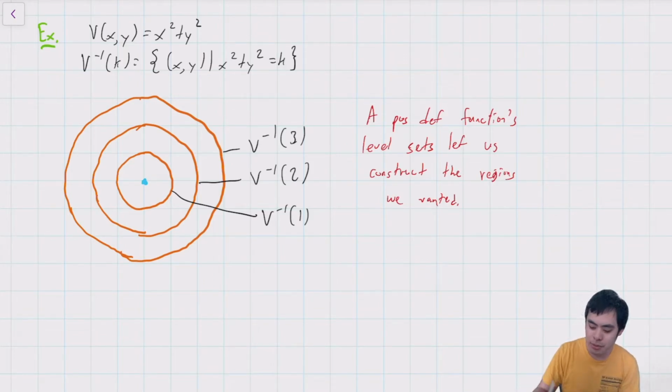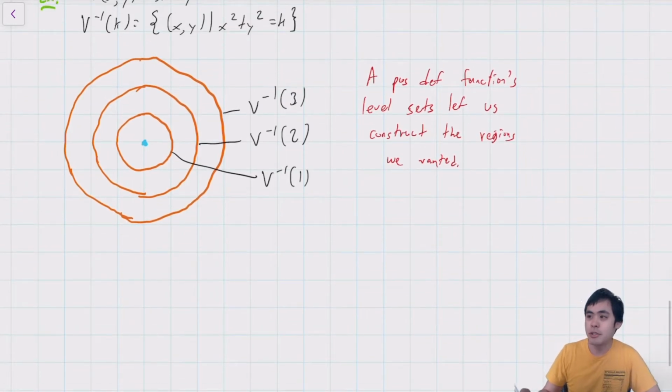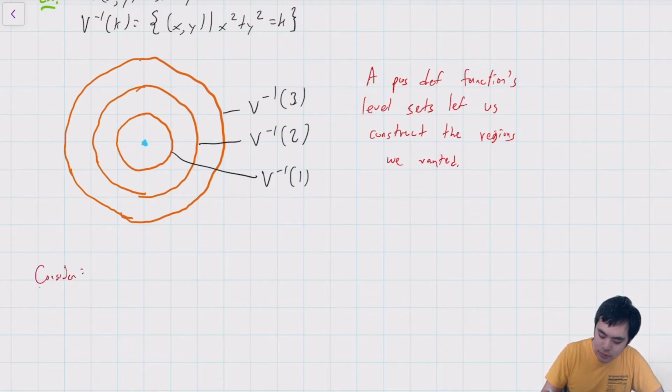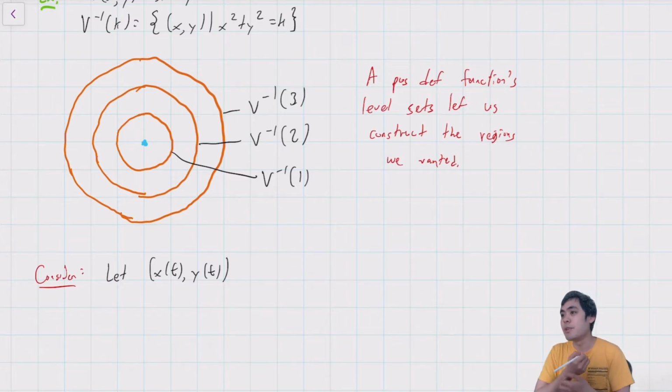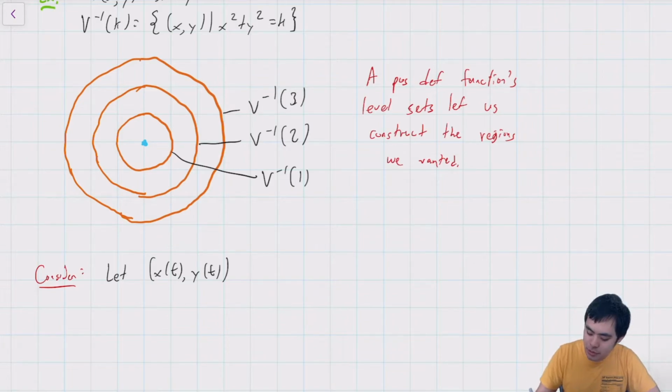Now, what exactly does that mean? To talk about this, we're going to have to talk about gradients and derivatives. So let's consider some solution path, x of t, y of t. Note that because it's an autonomous system, every solution that goes to the same point is equivalent. Let this be a solution to our differential system.